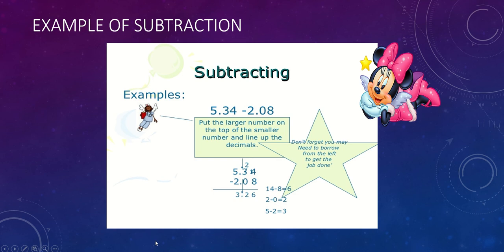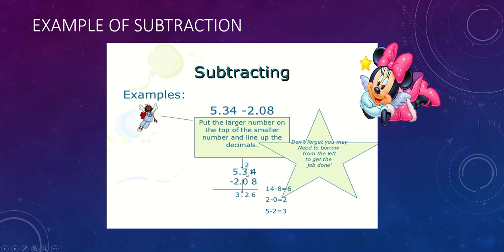You have to write the bigger number on the top. 5.34 is bigger, so I will write it on the top. And now 8 minus, sorry, 4 minus 8. You cannot subtract 8 from 4, so you have to take borrow. So I am taking borrow from 3.